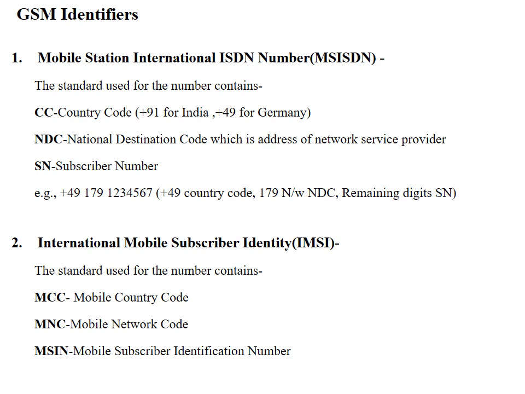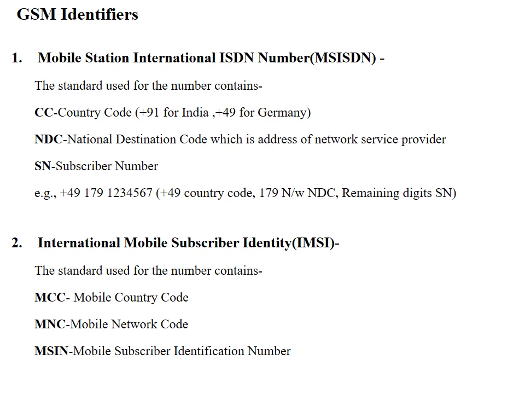Now the next point is the GSM identifiers. There are a number of identifiers used to identify a mobile phone in GSM, but here are four mainly used GSM identifiers. We are going to see them one by one.